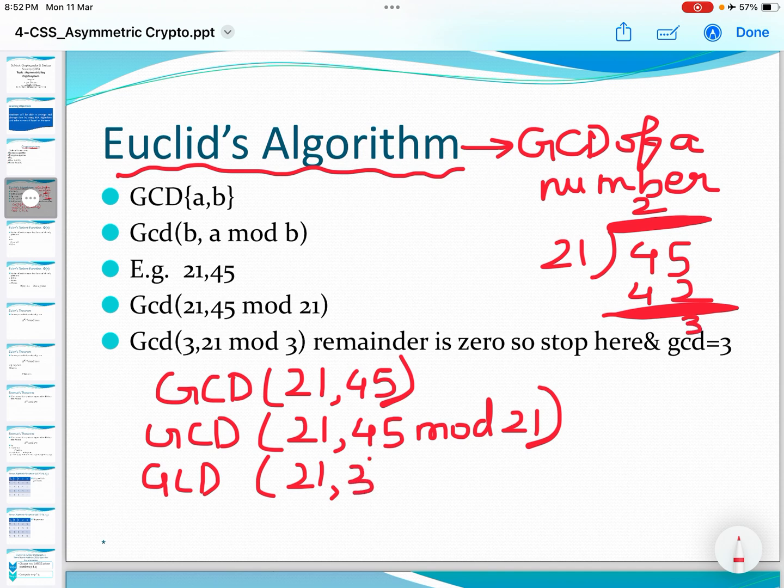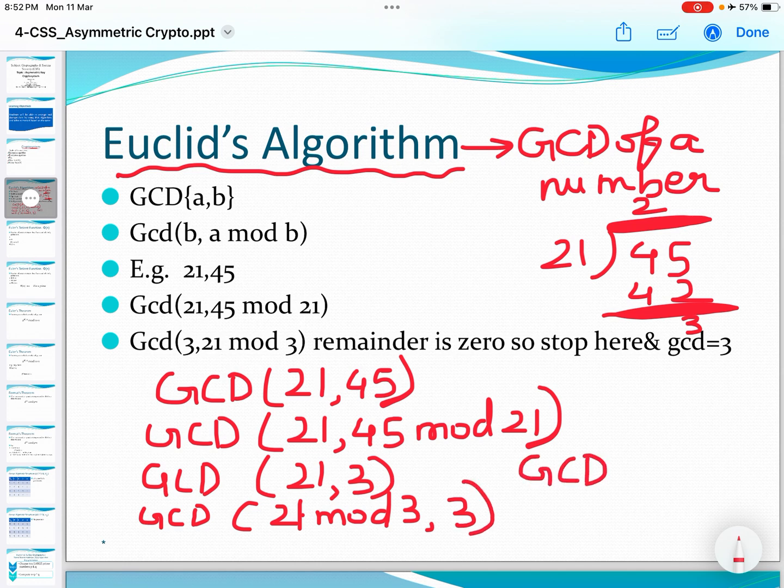So 21 comma 3. Then you write GCD of 21 mod 3 comma 3. 21 mod 3 is 0 because 3 sevens are 21, so it is completely divisible. So 0 comma 3. So the final answer is GCD is 3.